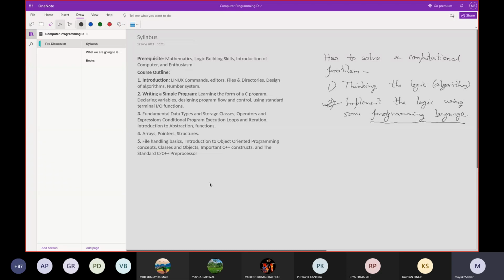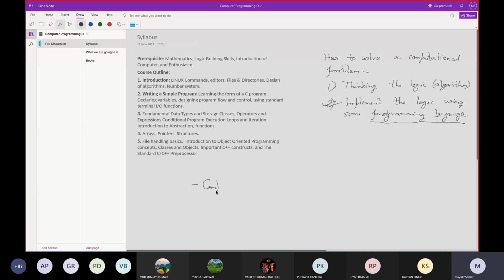Otherwise, at the underlying level, the machine itself understands nothing. It cannot think by itself. Whatever a computer is doing, that's because the programming logic has been written in that manner. So this is an important point.